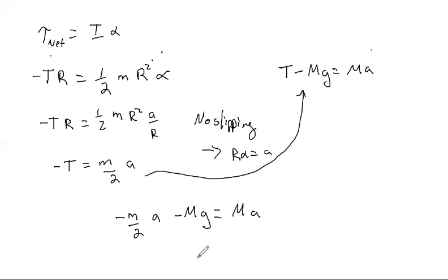I'm going to rearrange this equation to write this as minus big M times G equals A times big M plus little m over 2, or A equals minus... I feel like I forgot a factor of 2 somewhere.